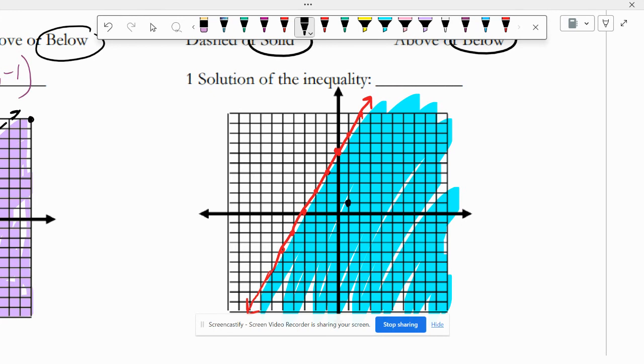Perfect. Anybody else want to name one? Jerry. 7.5. That's going to be right there. 6.5, 7.5. Okay. Questions about this?